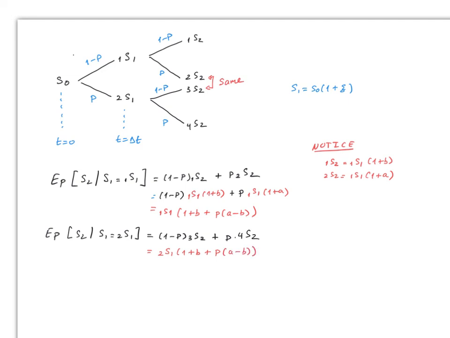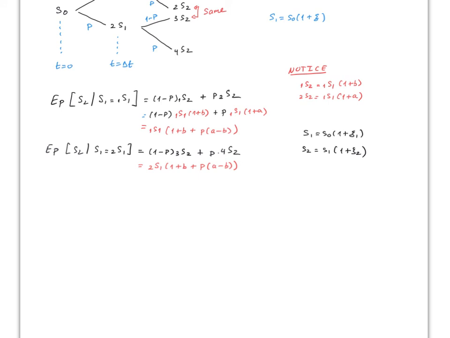Alright, so don't forget that we're using the following. S1 is equal to S0 times 1 plus C1, which we did already. And therefore S2 will be now S1 times 1 plus C2. So now we can find the following, which looks the same, but you have to be very careful that this is very different than the previous two.